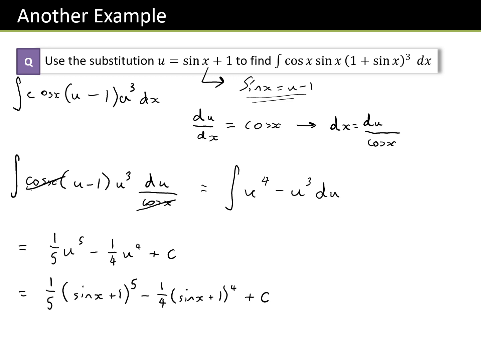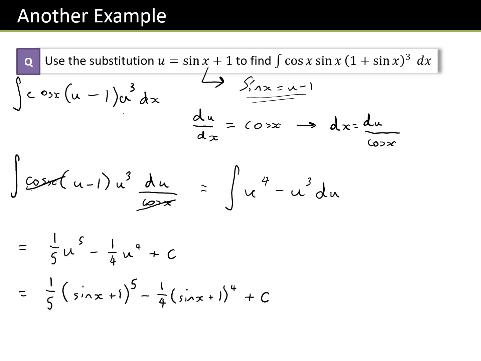So when you're first coming across the question, swap anything which looks easy. The thing in the brackets is just u. This sine x is just u minus 1. And the cos x and the dx aren't easy, so leave them there. Because this cos x isn't easy, start with dx. So to find dx, differentiate your starting substitution equation.